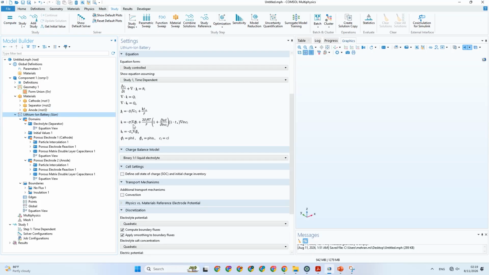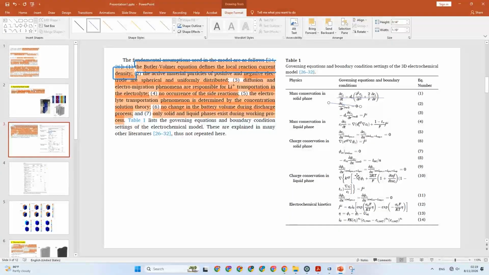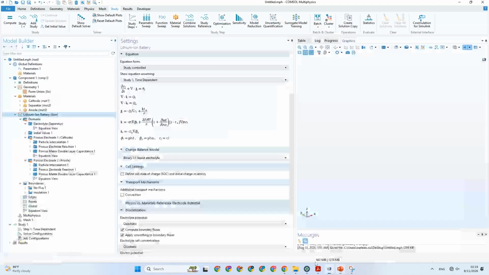But here we have IL. We can also see here maybe it is sigma L, gradient phi L, gradient phi L. We can see a 2RT divided by F, 2RT divided by F. But we have sigma. What is sigma here?